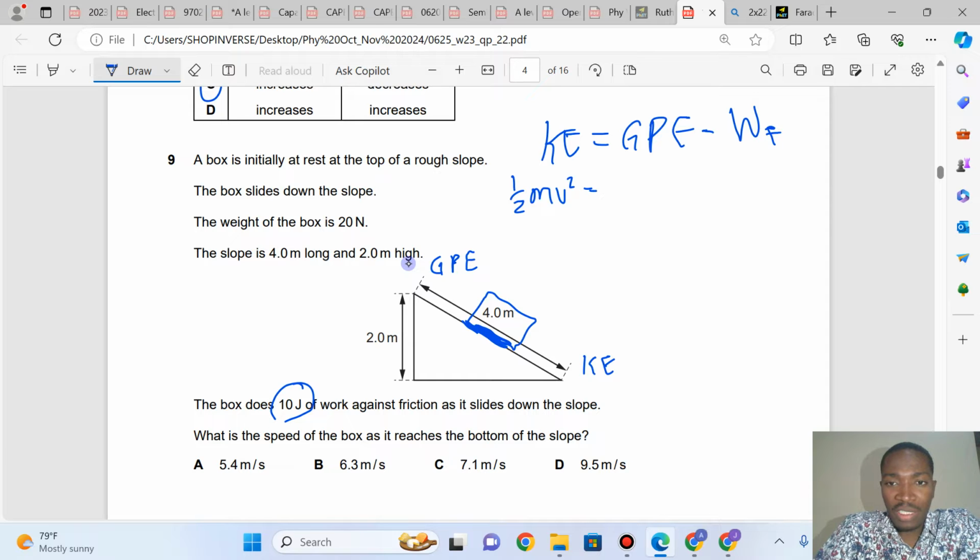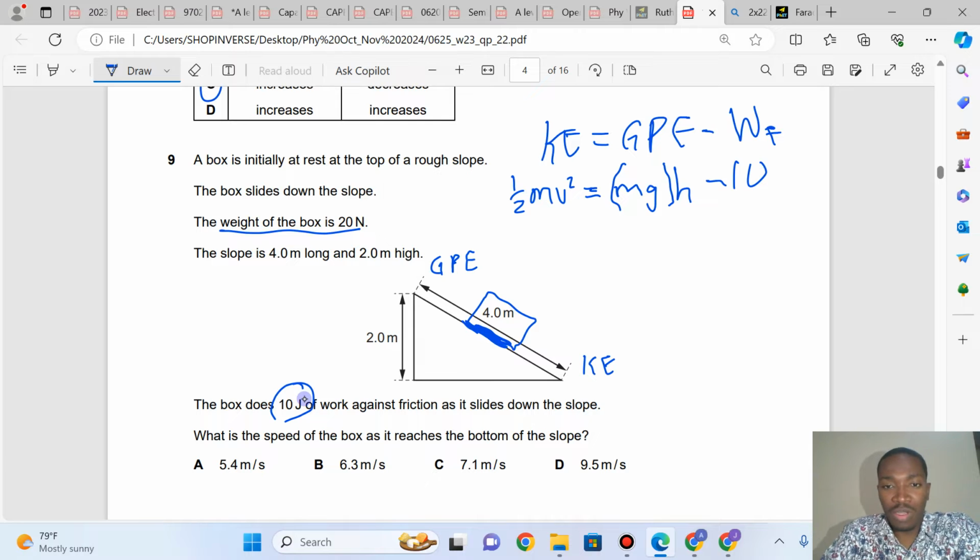Gravitational potential energy is mgh, where mass times gravity represents the weight of the box, and we already have the weight of the box as 20 newtons. So mgh minus work done against friction. Work done against friction is 10 joules. This is what we use to get the velocity.